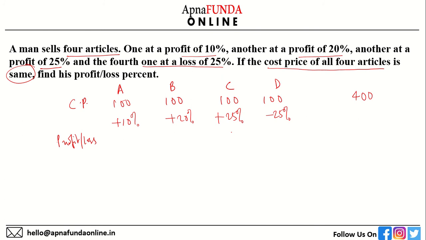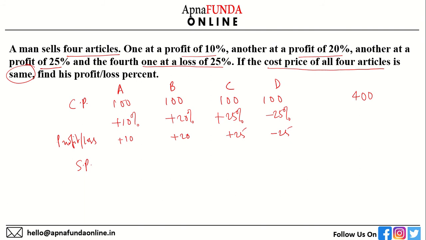So profit and loss, so this is plus 10. 20% profit in this case, it means plus 20. 25% profit in this case will mean plus 25. And minus 25%, that is a loss of 25%, will mean minus 25.